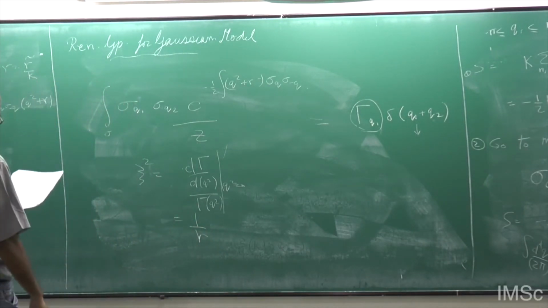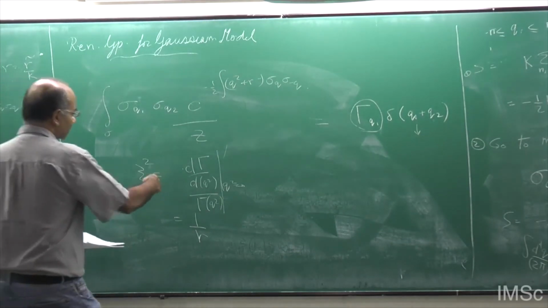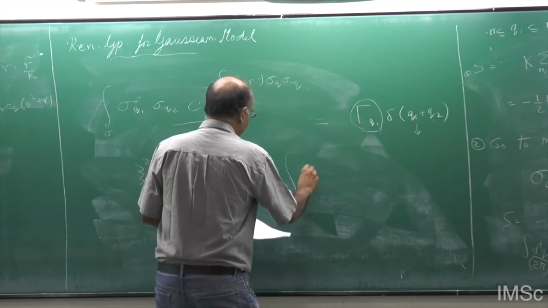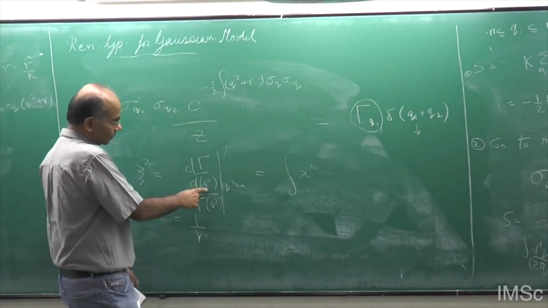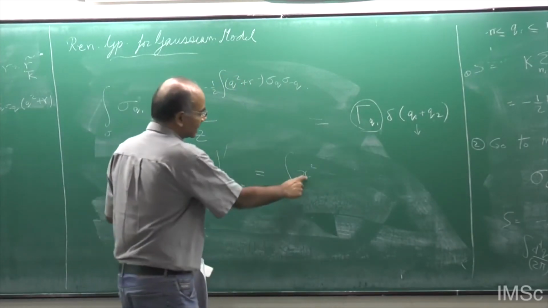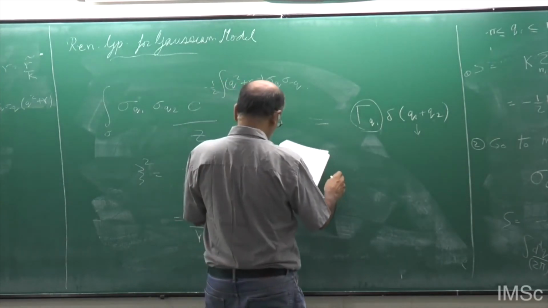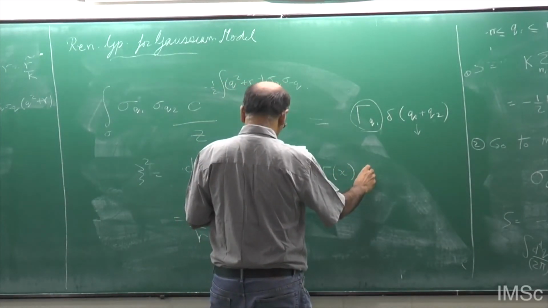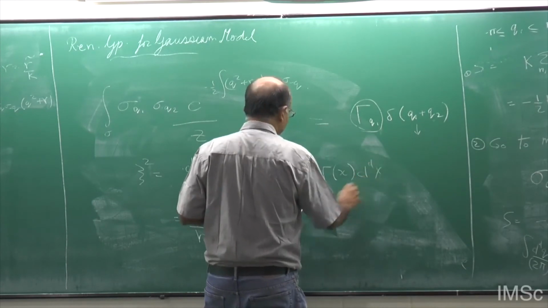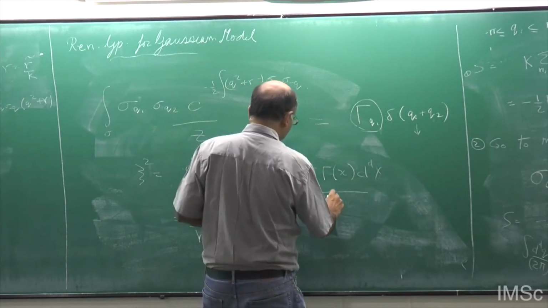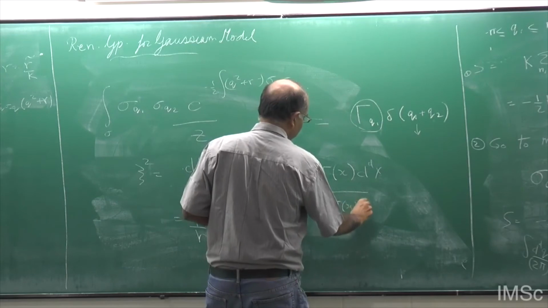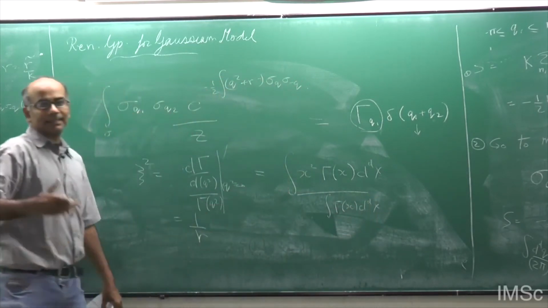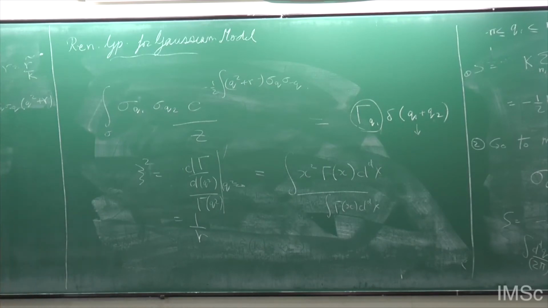What else can I say? If you work this in position space, the derivative with respect to q squared is like x squared. So it's x squared times gamma of x, so this is like the second moment of x, the expectation value of x squared in this correlation.